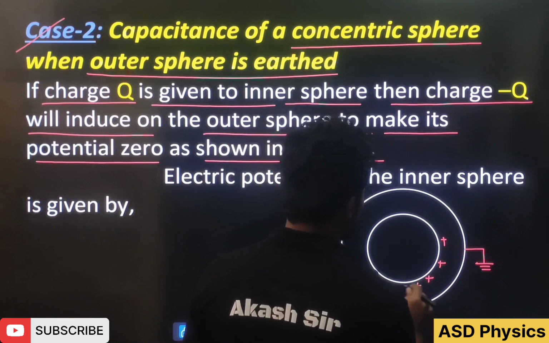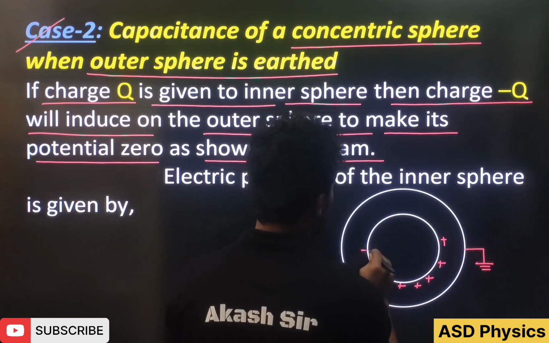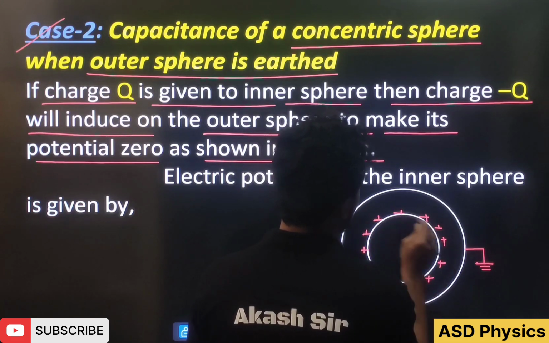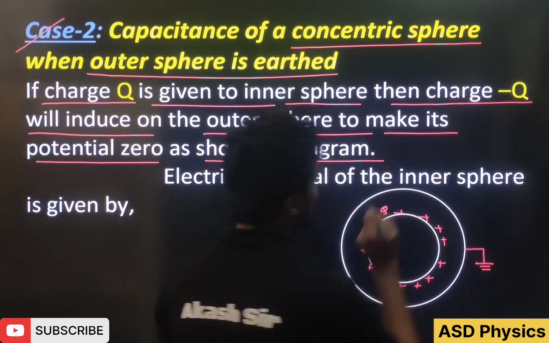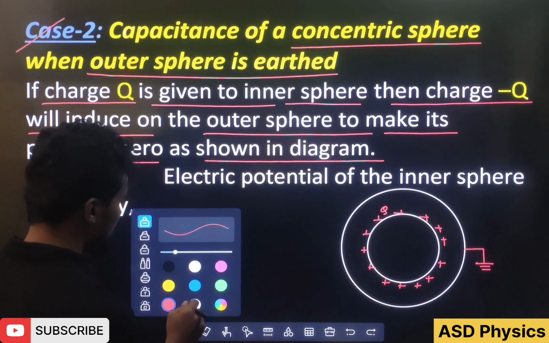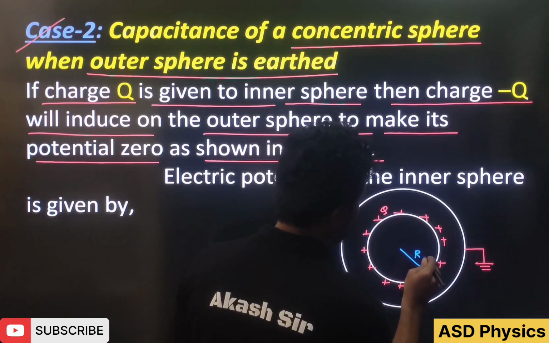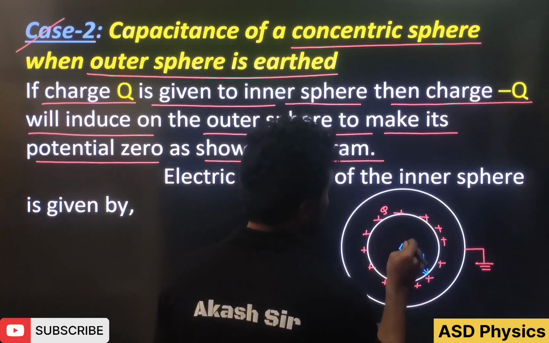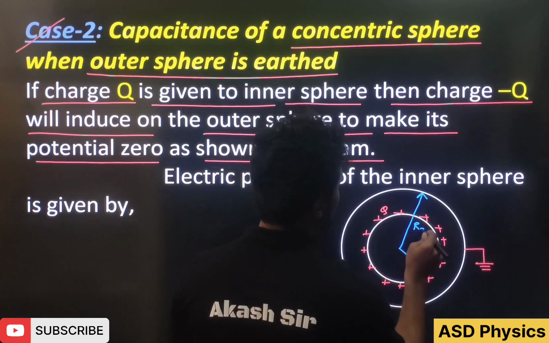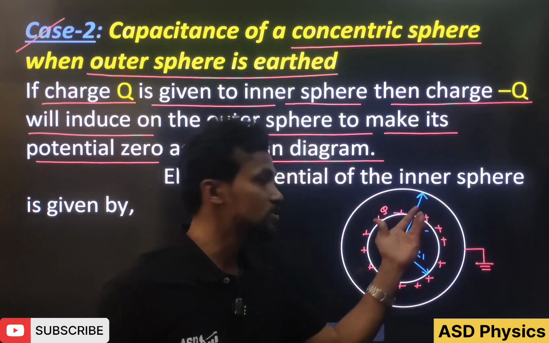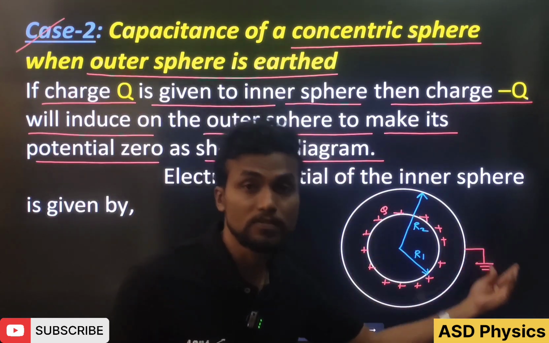This is the inner sphere, having charge Q and radius R1. Let's take the outer one having radius R2, and this outer surface is R3.